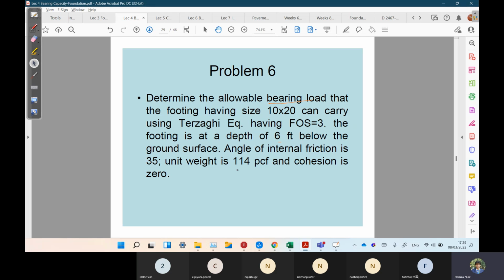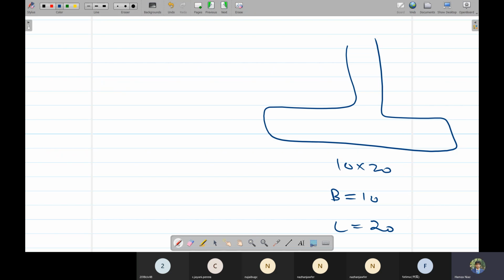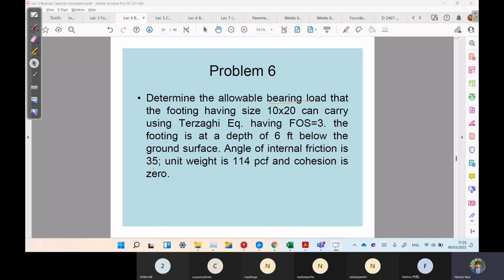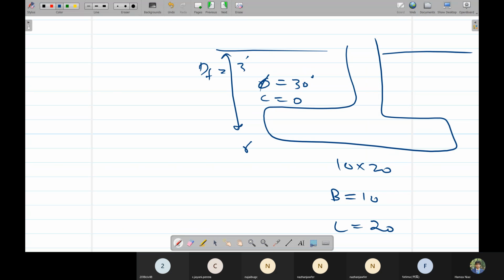Phi is equal to 30 degrees, C is equal to 0, and gamma is equal to 114 PCF, and depth is 6 feet.